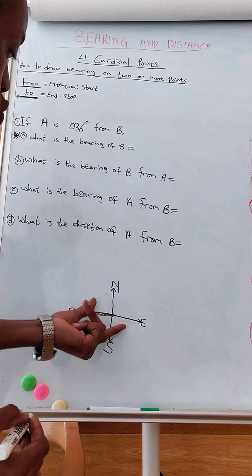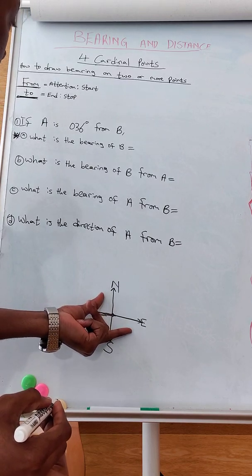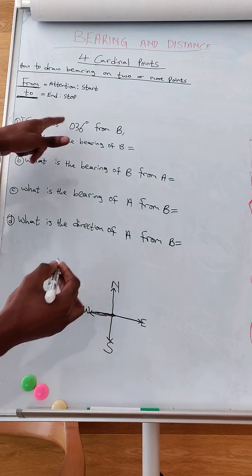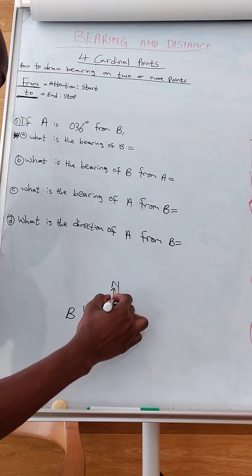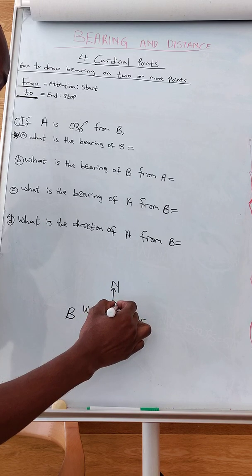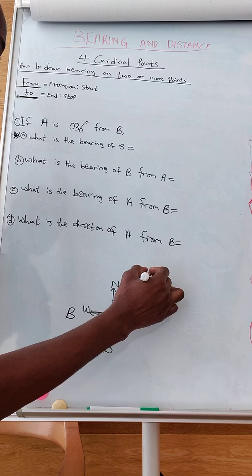On this B, we need to draw 36 degrees. This is B, 36 degrees. There is no north, south, west, east yet, so we have to start from 0, which is north, then 36.